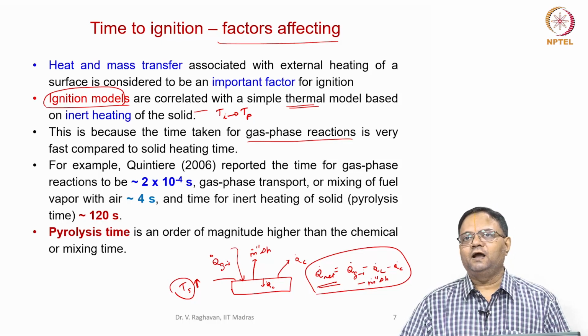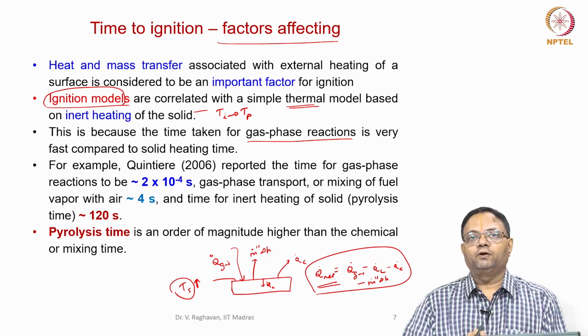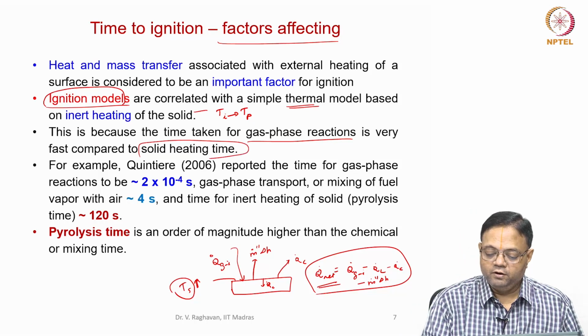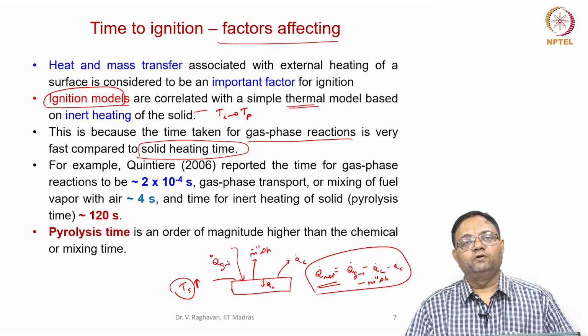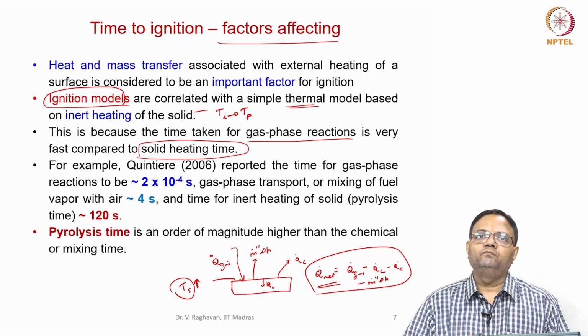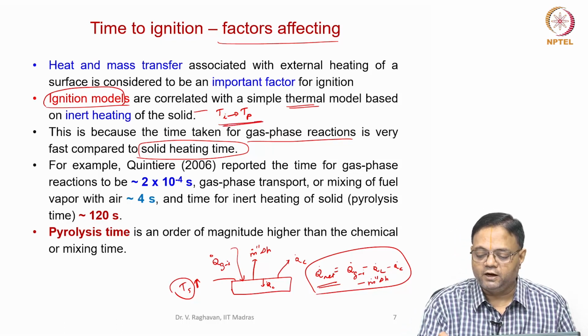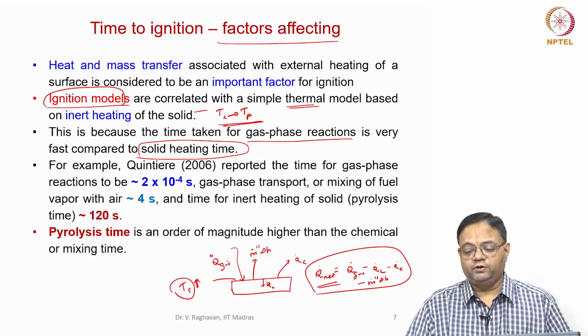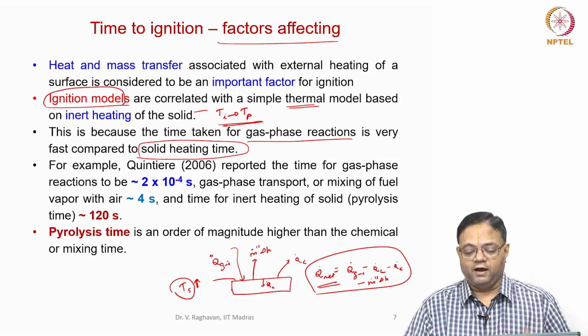That means the reaction rate will be really fast when compared to the solid heating time. Even if you have very high heat flux, the time required to increase the solid temperature will be quite high compared to the gas phase reaction.